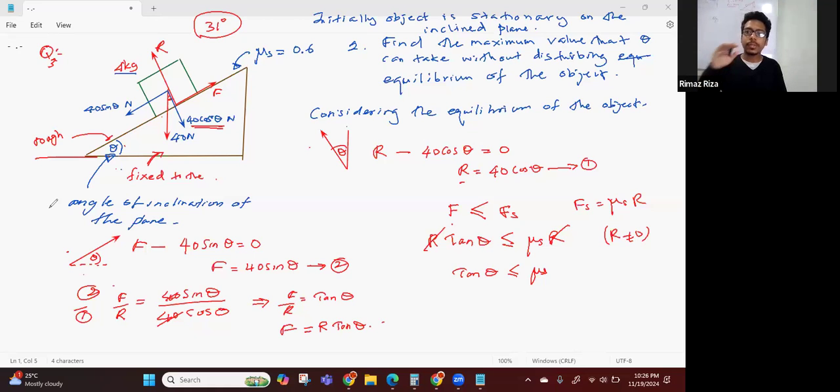Therefore, the maximum tan theta value equals nu s.